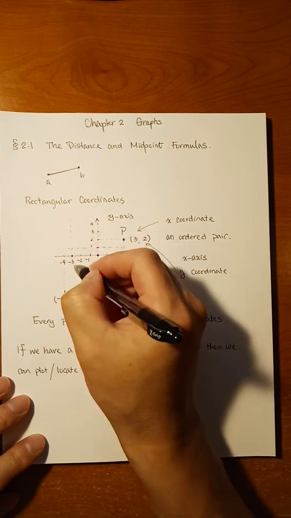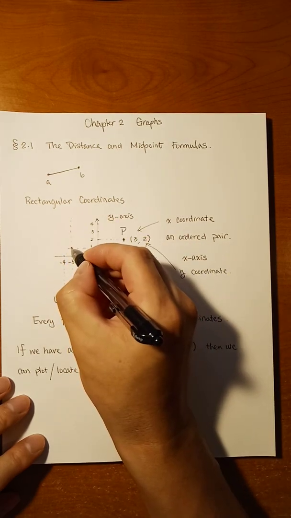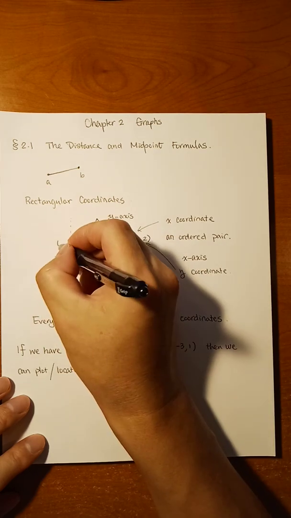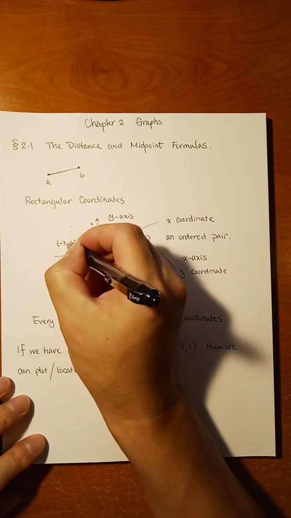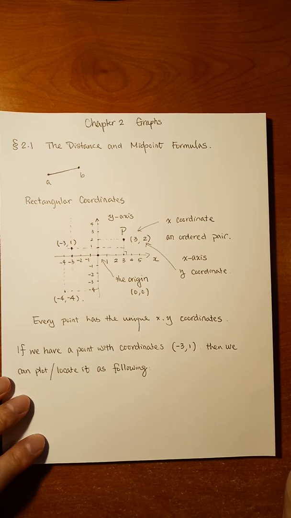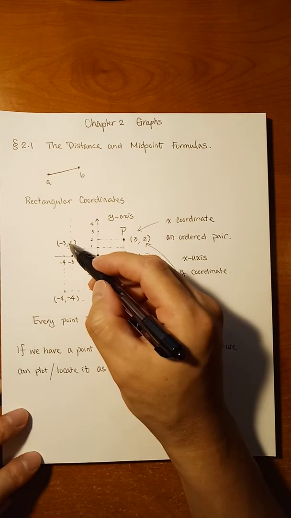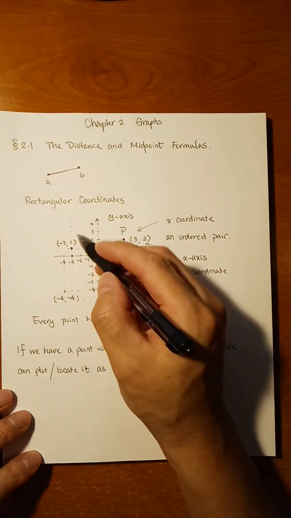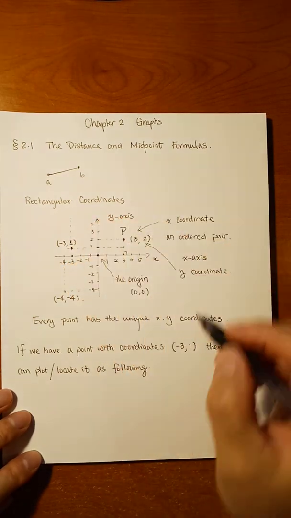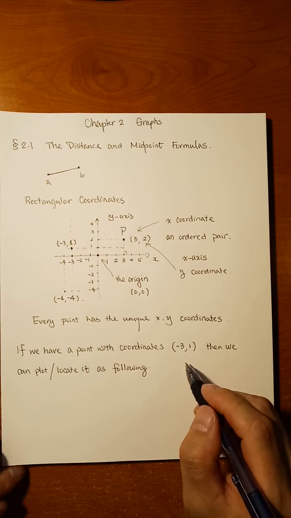This vertical line and this horizontal line intersect at a point. This point has x coordinate -3 and y coordinate 1. Right? So this is a way to locate or plot a point with given coordinates.